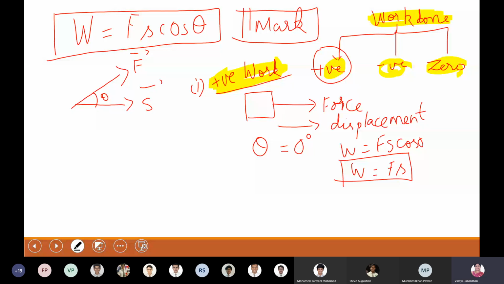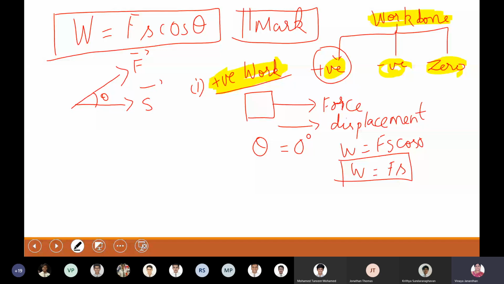Ma'am, why is work Fs cos theta? This doubt what you have, as well as someone asked me for the previous slide. When I go for the previous slide, I'll redo that. Why it is cos theta. Ma'am, it's Fs cos theta because it's the horizontal component, right? Yeah. Because work is force into displacement. The body moves in the direction of the force applied.